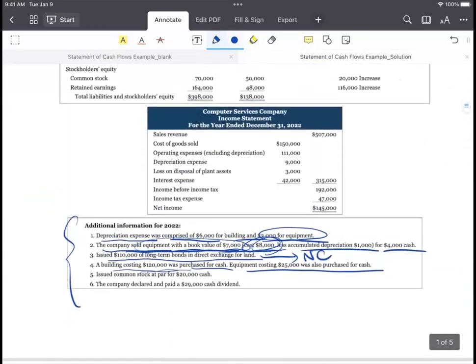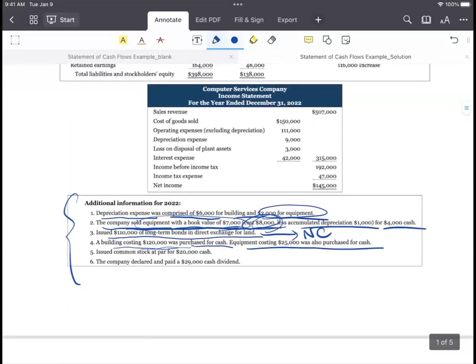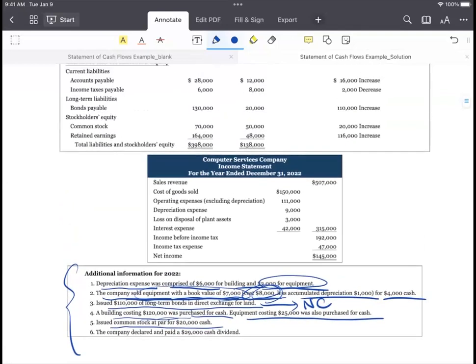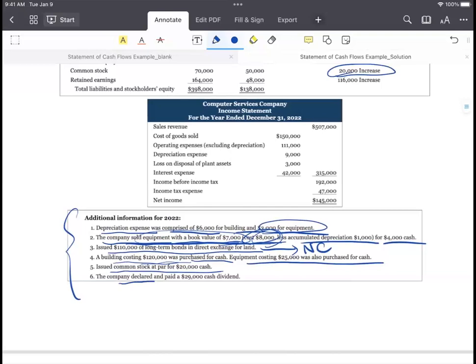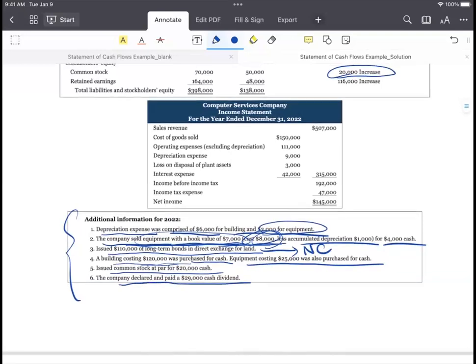If we keep looking here, common stock was issued at par for 20,000. This basically tells us the firm gets a cash inflow from this increase in common stock. And the firm declared and paid a dividend of 29,000.